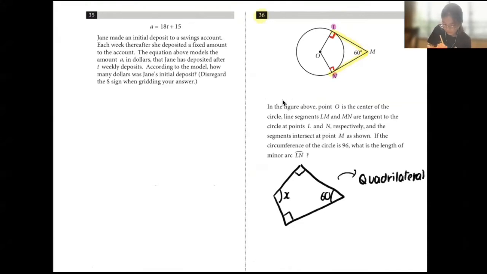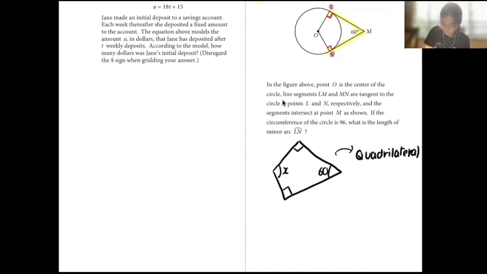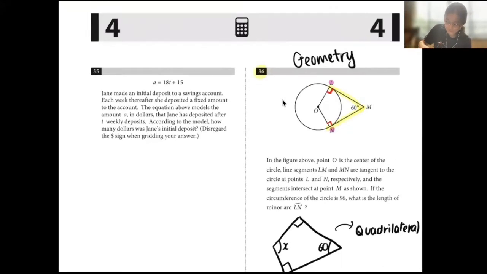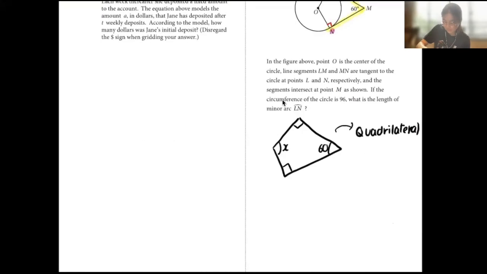So this is a quadrilateral, 4 edges. Oh, and before that, this is a geometry question, with the circles and angles and all that. Angles are included in geometry, but if you want to narrow it down, it's quadrilateral, which means it adds up to 360 degrees.